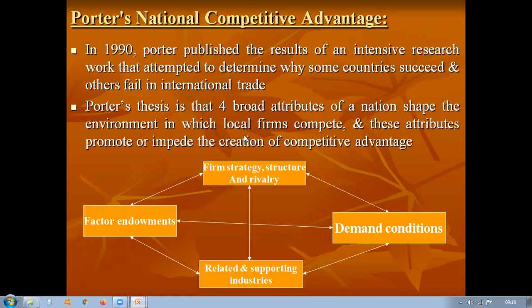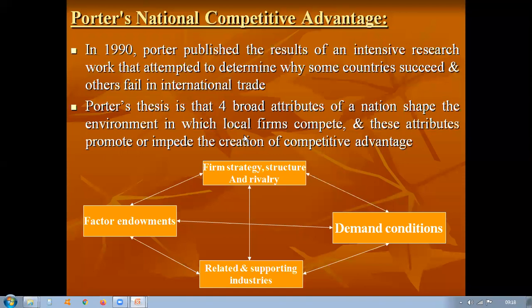So the factors here are factors of production. All these four factors are factor conditions, demand conditions, related and supporting industries, firm strategy, structure and rivalry.